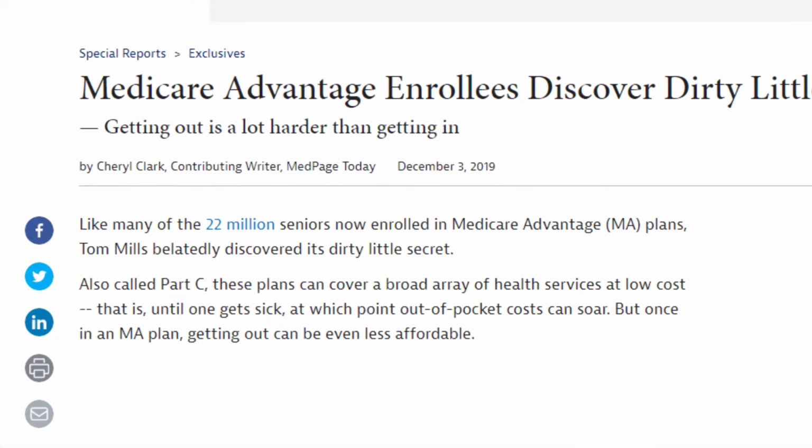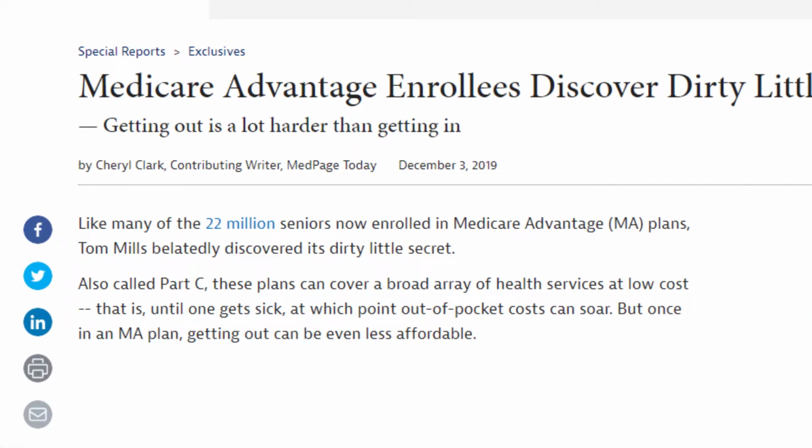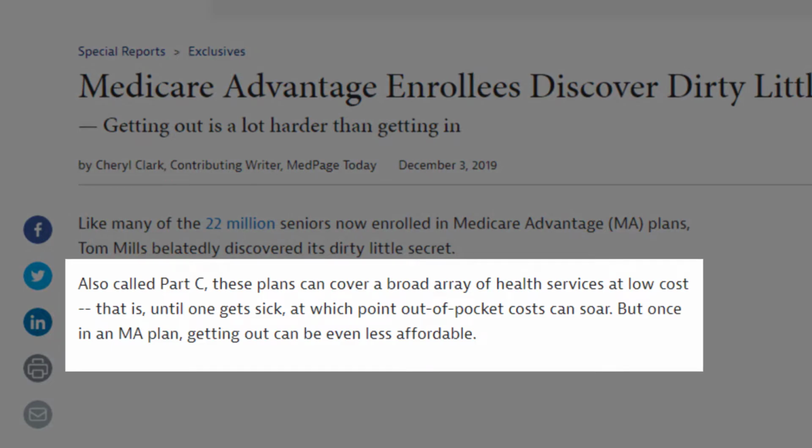And to make matters worse, as you can see in this article, this gentleman unfortunately found out that his Medicare Advantage costs were really high, but even if he were to get out of the Medicare Advantage plans, they'd be even higher. As we talked about before in the Medicare Supplement Program, that's why you need a Medicare Supplement plan, because the costs on original Medicare would be even greater.